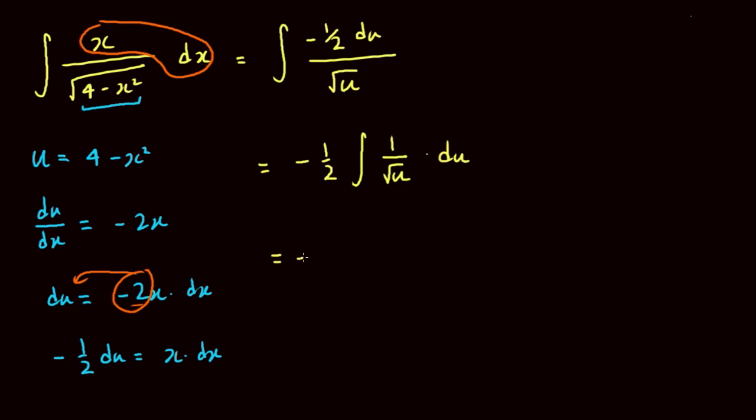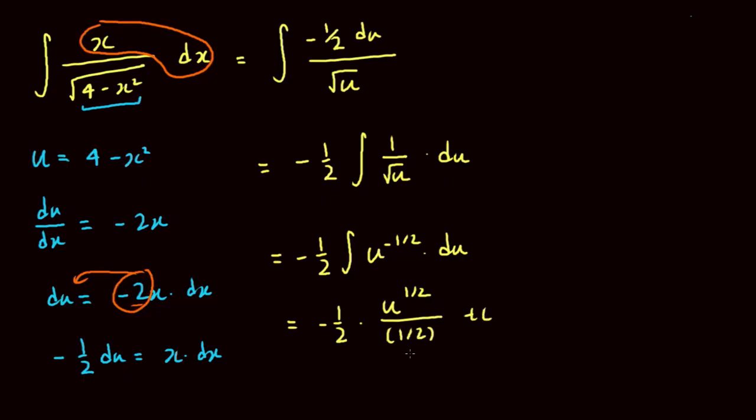Of course, you can rewrite it like this as negative half integral u to the power of negative 1/2 du, leaving it with negative 1 over 2 times u to the power of 1/2 over 1/2, plus c. So this is negative 1/2 times 2 times u to the power of 1/2 plus c.